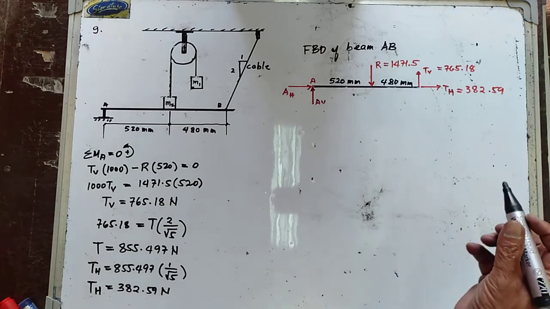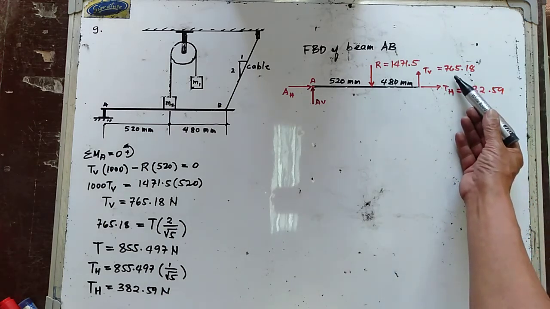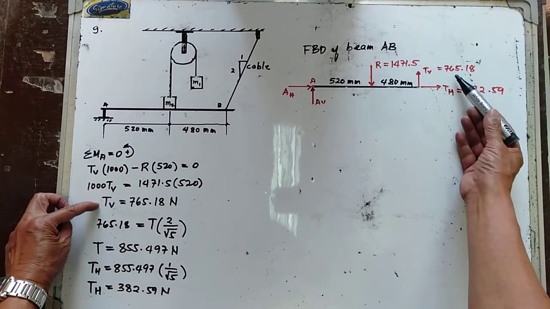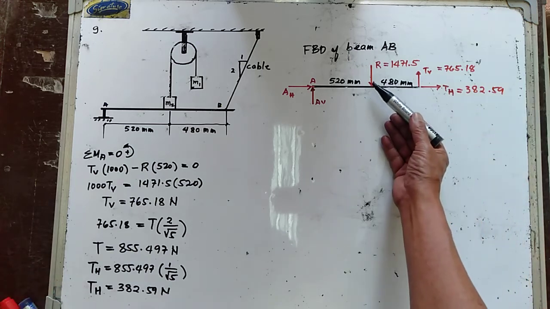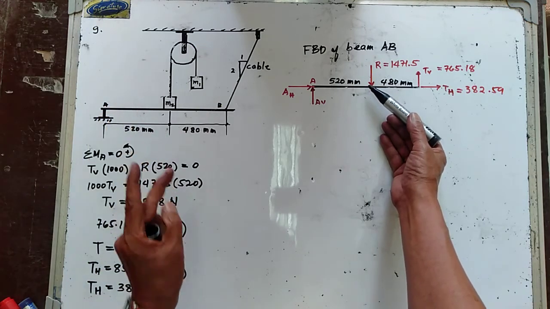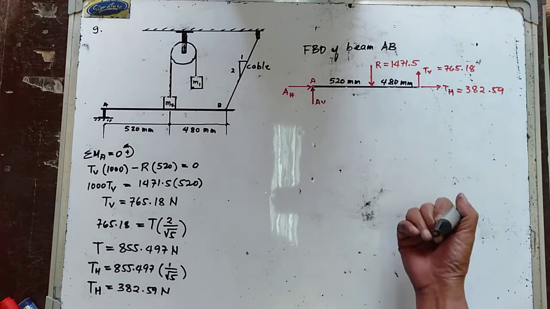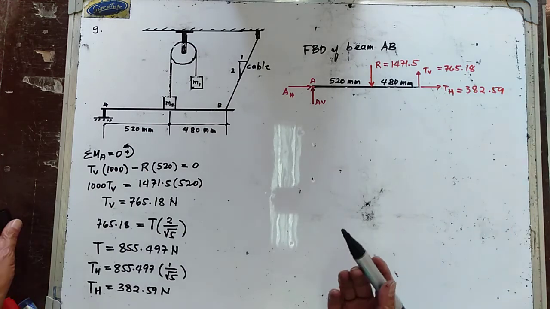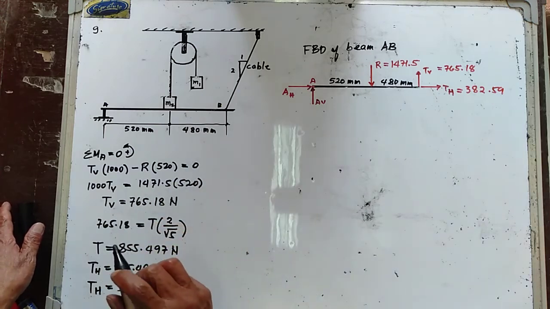So your T vertical is 765.18. Your T horizontal is 382.59. And the reaction between M2 and that of the beam, R, is equal to 1471.5 newtons.